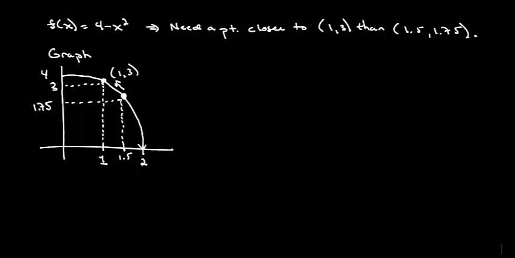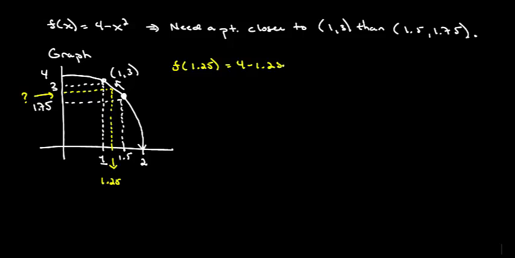Now what we want to do is move closer to the point 1 comma 3. So I used 1.25. I split the difference. You could use anything you want that's between 1 and 1.5. Now what we need here is the height value so that we can get a second point. So what is the function at 1.25?